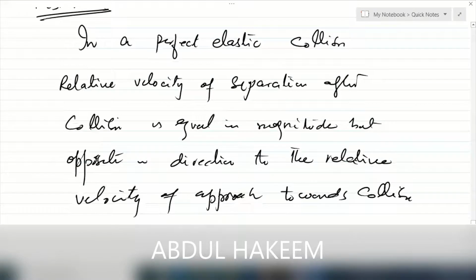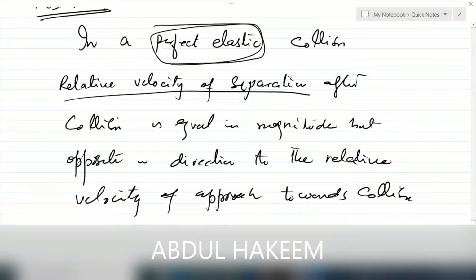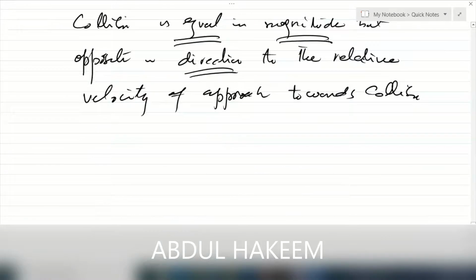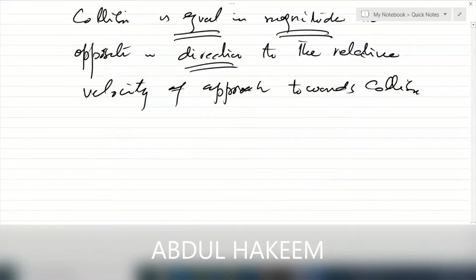In a perfectly elastic collision, this is a type of the collision, one of the types. Relative velocity of separation after collision is equal in magnitude but opposite in direction to the relative velocity of approach.